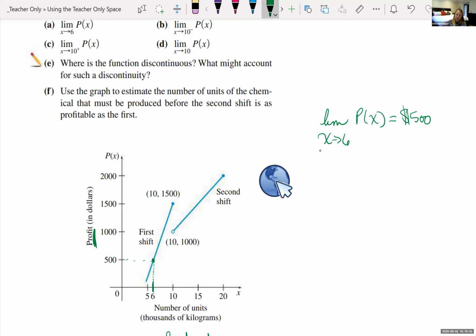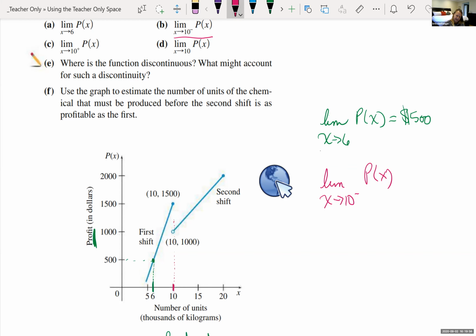Okay, so the next one wanted us to look at the limit as we're coming in on the left-hand side of 10. So limit as x approaches 10 on the left of P of x. So locate x equals 10 on the graph. And then on the left, so we're going to look at the left-hand side. Let's go up to the graph.